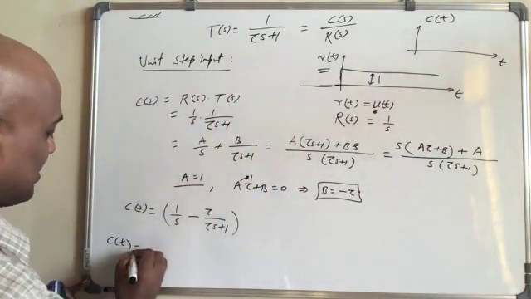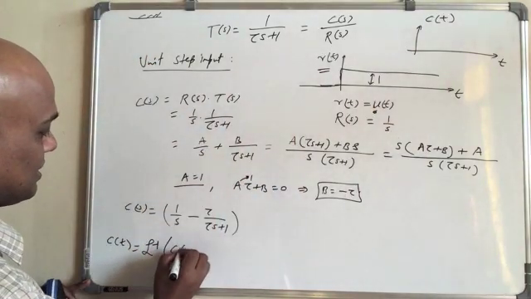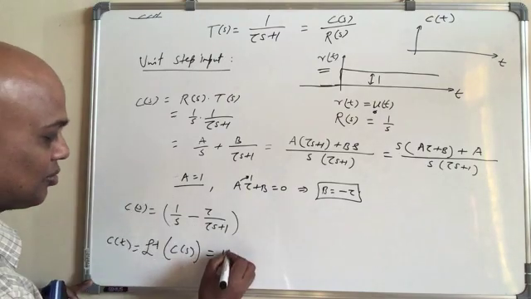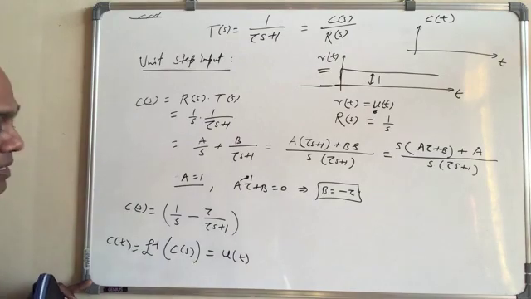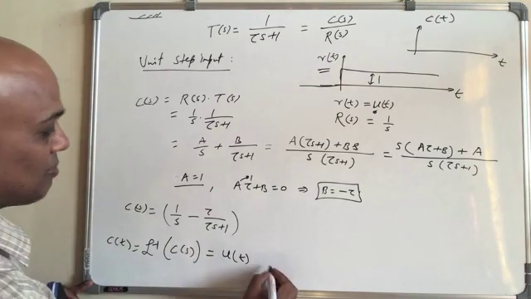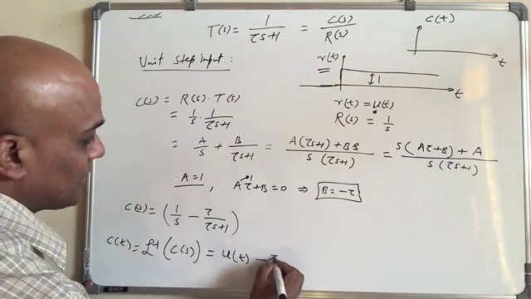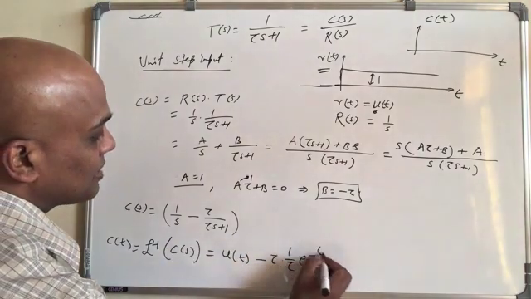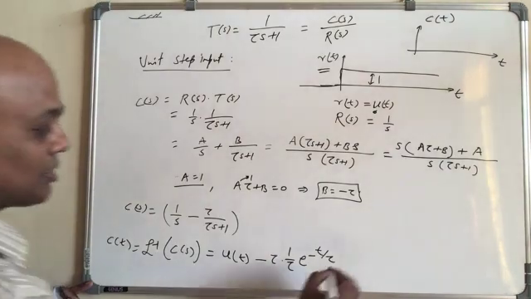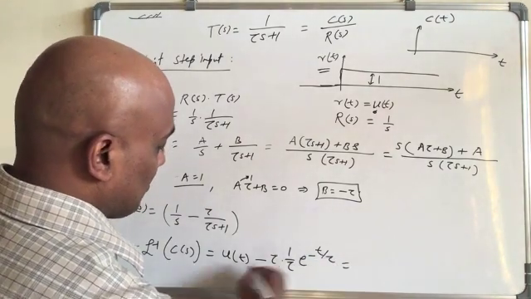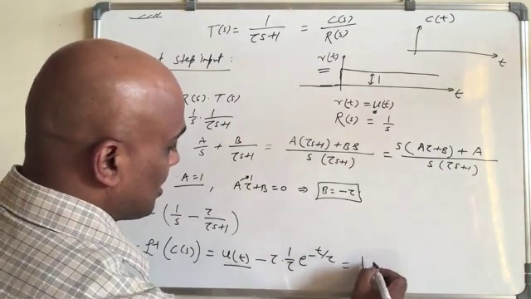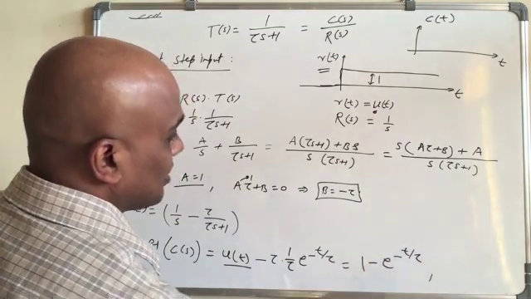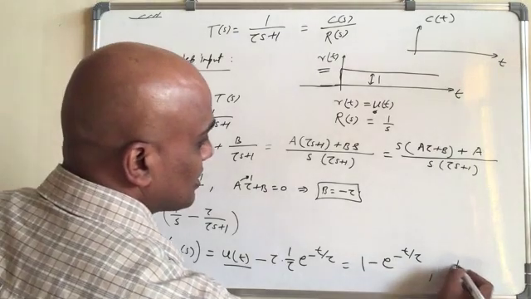So c(t) equals the inverse Laplace transform of C(s), and 1 over s really means u(t), or 1 basically. Minus tau times 1 over tau into e to the power minus t over tau. So simply you get 1 minus e to the power minus t over tau, for t greater than or equal to 0.